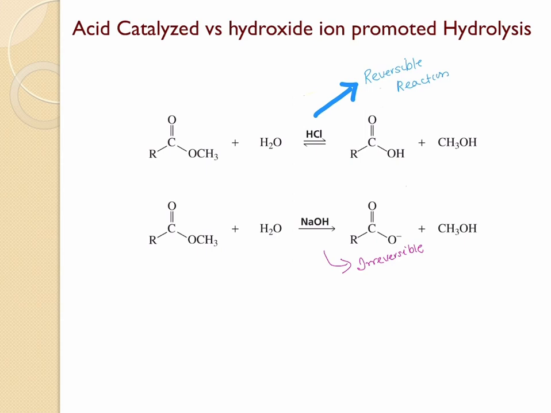And the second thing is that the hydroxide ion only promotes the hydrolysis reaction. It does not promote the transesterification reaction or the aminolysis reaction. Because in transesterification, where one ester is converted into another ester, you have to use another nucleophile that is different from the hydroxide ion. Say, for example, if this methyl ester needed to be converted into an ethyl ester, then probably you might want to use the ethoxide ion.